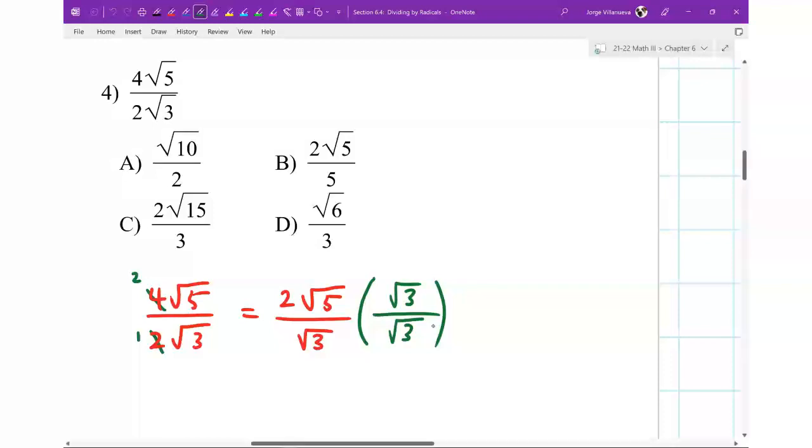Multiply by the problem, right? If this is the problem, multiply by the problem on top and bottom. So here we go. The top becomes 2 radical what? 15, thank you, over radical 9. And square root of 9, we know that. That's going to be a 3. Okay? And there you go. We're done.